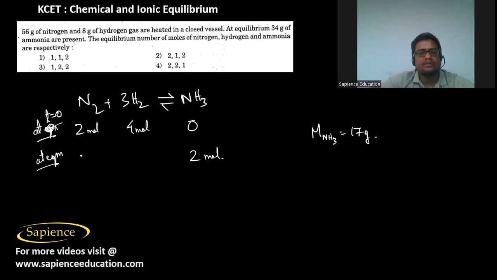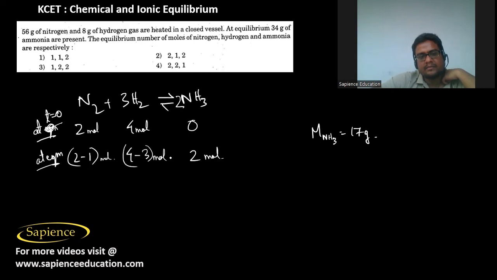So 2 moles of ammonia has formed, so that is 2 NH3. So here 1 mole of N2 has reacted. So 2 minus 1 moles is remaining at equilibrium, and here 3 moles of hydrogen has reacted, so 4 minus 3 moles is remaining.